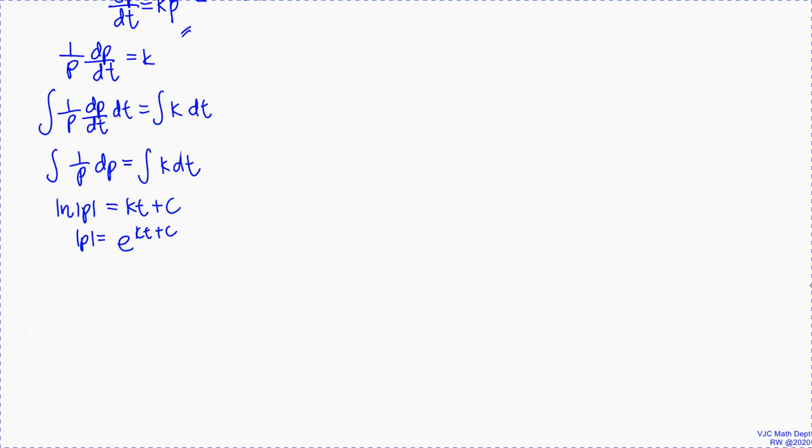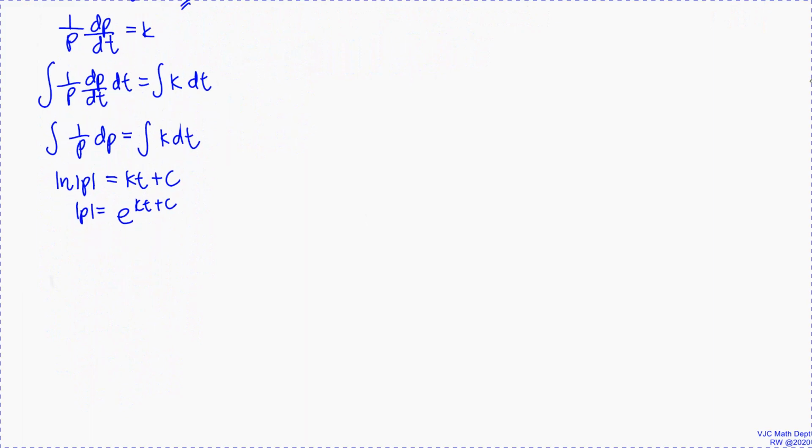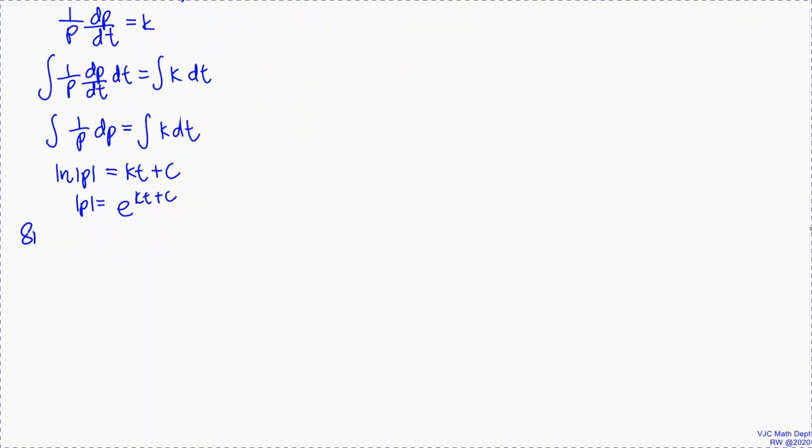At this point, if it is a question with no context, where P means nothing and t doesn't mean time, then you would have to know that P can be positive or negative. But in this context, P is the number of organisms, the population, so it's obvious enough that we can justify by saying since P is greater or equal to 0, then P is easily Ae^(kt), where A is actually e^c.